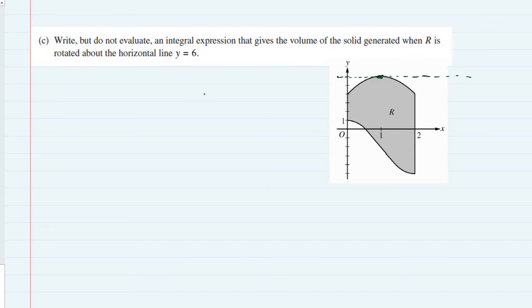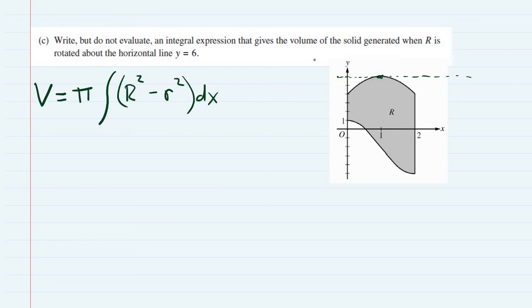Now, what we're going to do here is we're going to use this fact here that when we do an integral by rotation, we are going to say that the volume is pi times the integral of big R squared minus little r squared. And in this case, it's going to be dx because my axis of rotation is horizontal. So what we do here is, what is big R?